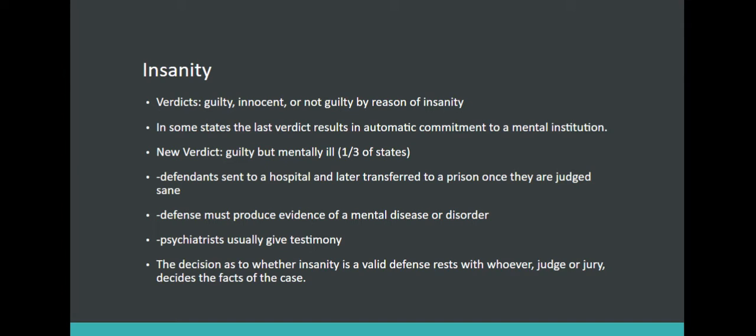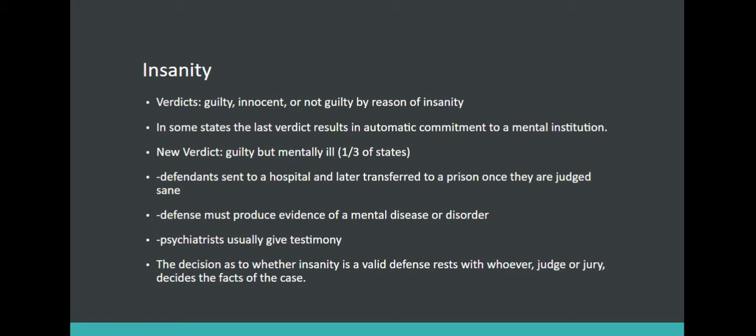Now, in this country, the insanity defense was first used in a trial involving a Washington politician by the name of Daniel Sickles. Daniel Sickles's wife was carrying on an affair with the son of Francis Scott Key. Francis Scott Key wrote our national anthem. And Daniel Sickles basically shot Francis Scott Key's son to death in broad daylight in a street in Washington, D.C. In fact, close to the White House.